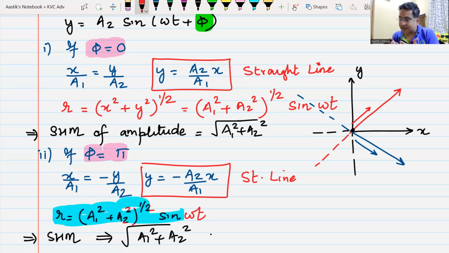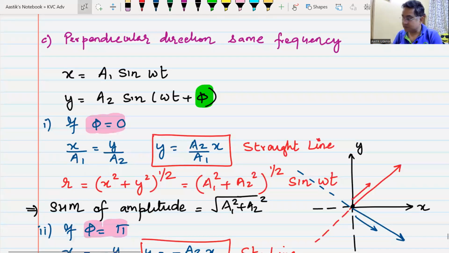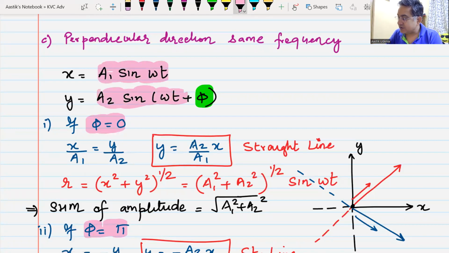The equation is same. The equation does not depend on which axis the SHM is happening. You can see the two equations that we had were like this, right? It does not depend on which axis that SHM was happening. We wrote it as x and y, the x coordinate and the y coordinate, nothing else we did.